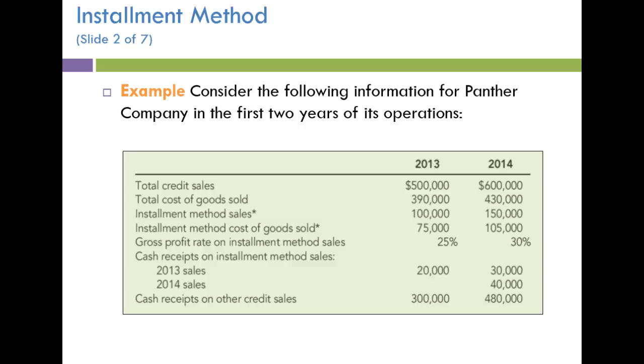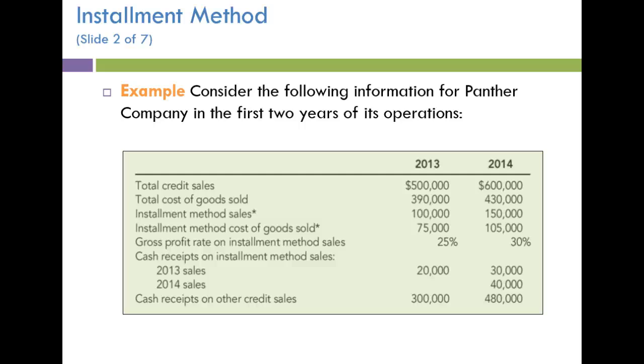So they got 20,000 of that money. Is all 20,000 profit? No. The 100,000 was the total revenue coming in, but there's cost of goods of 75. So really only 25% of that money is profit, right? So on the 20,000 they received in 2013, 25% of that money is going to be profit. And then 25% of that $30,000 that they got in 2014 is going to be profit.